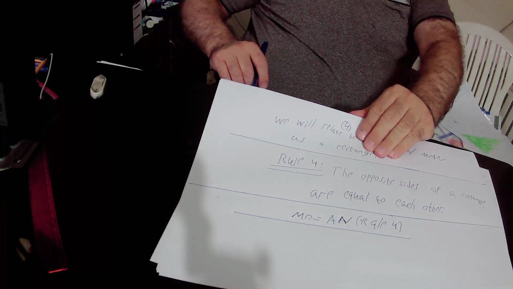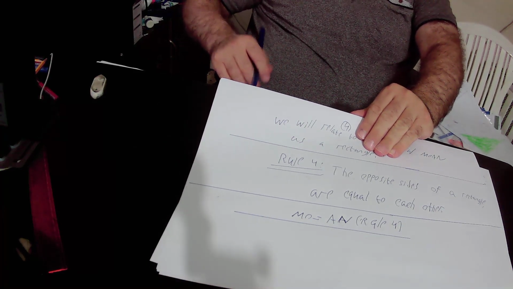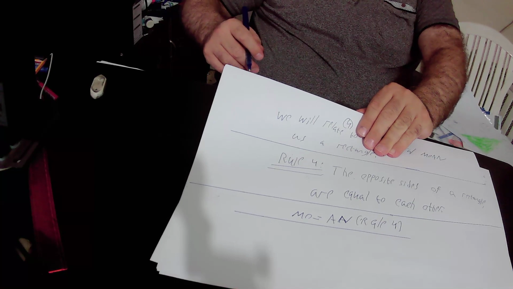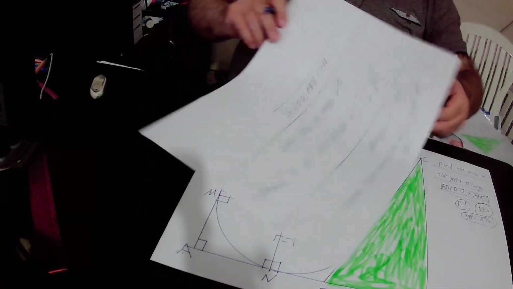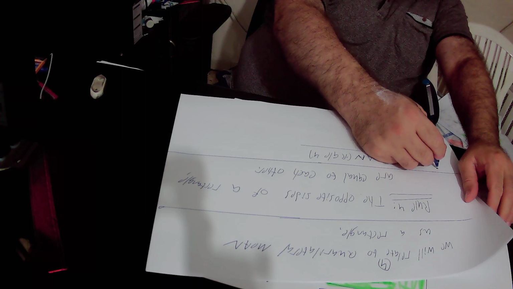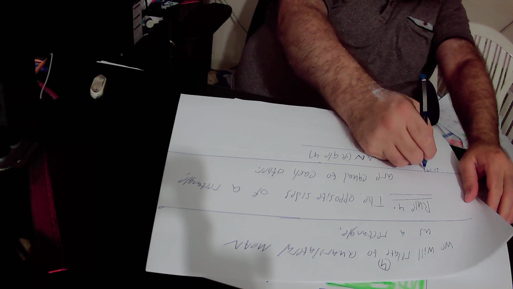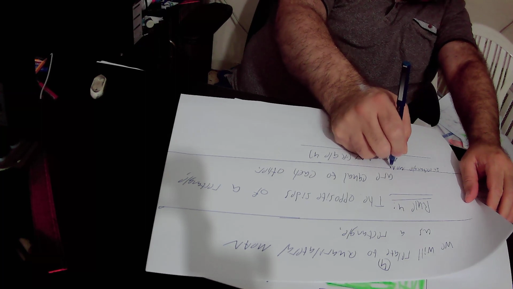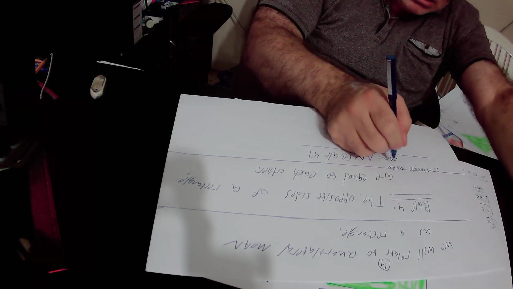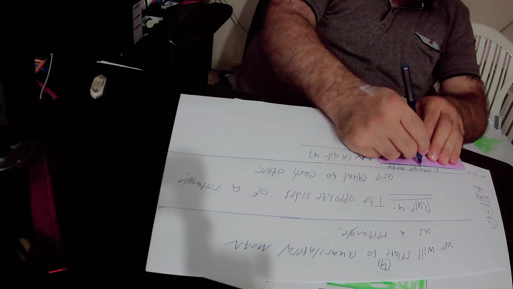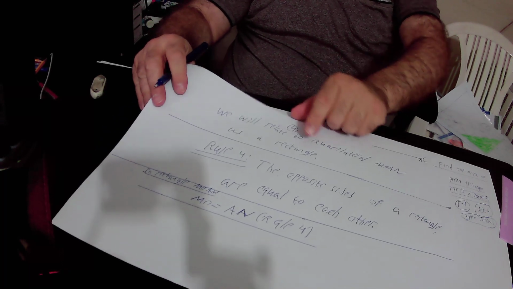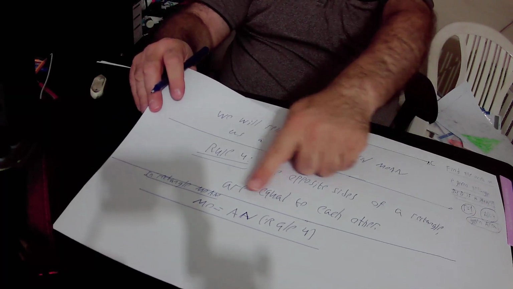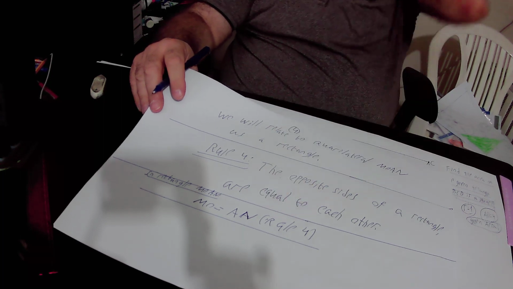I will repeat again. In rectangle MOAN, MO equals AN according to rule number 4.